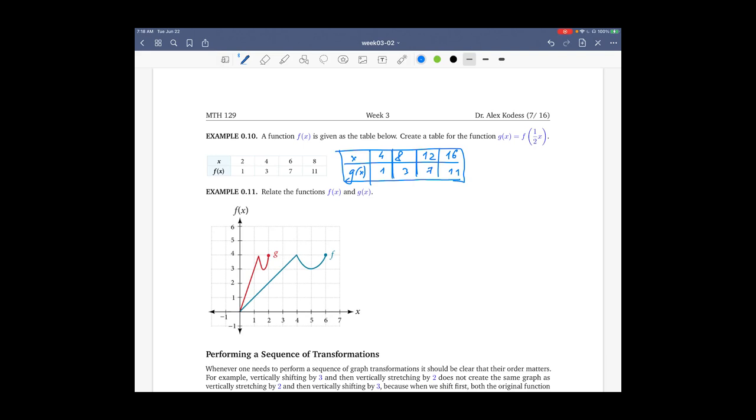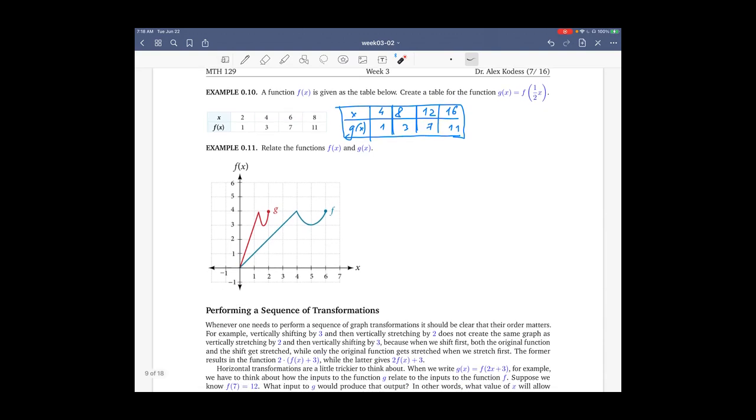In the next example, we need to relate functions f and g when they're given by a picture. And we see immediately that one function is the other stretched or compressed, depending on how you look at it. Say we're starting with the graph of f.